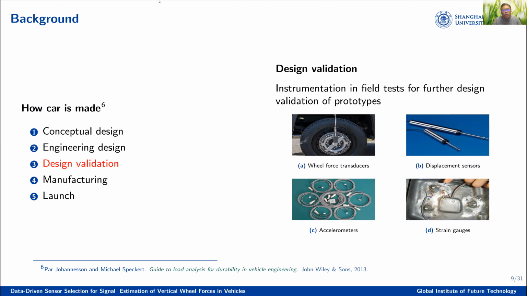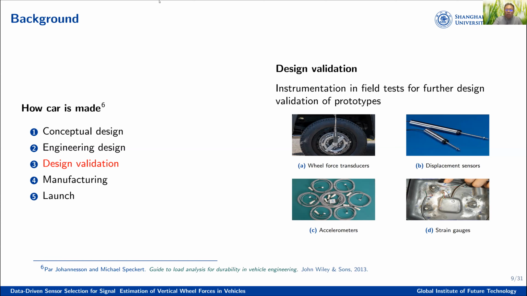For design validation for vehicles, usually what people do is they will instrument many different types of sensors on the vehicle prototypes, and let those vehicle prototypes run on different types of field tests. Here we show 4 major different types of sensors we consider or use in our work. For example, the force transducers, displacement sensor, accelerometer, as well as strain gauges.